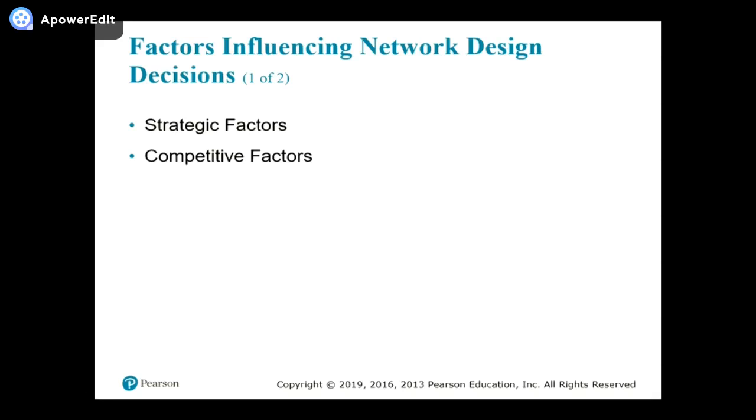So one fundamental decision when we consider these competitors is, do we want to locate close to them or do we want to locate far away from them? This is driven by the externalities. Externalities mean the effects other people have on me and the effects I have on my competitors.